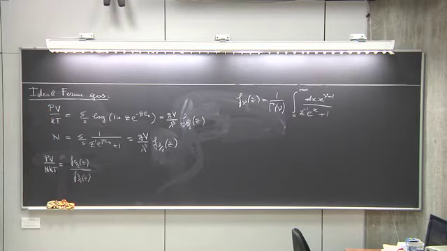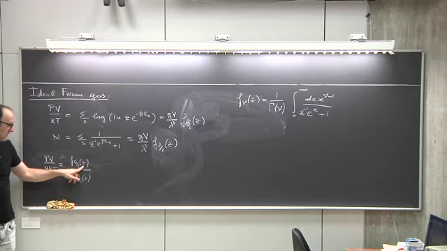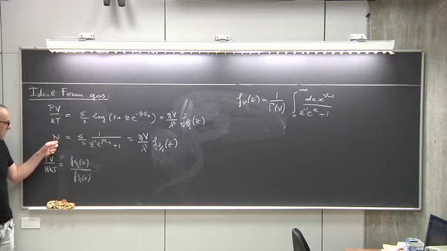And so if you can invert this equation and find z as a function of number of particles, volume and temperature, then you can compute the equation of state.